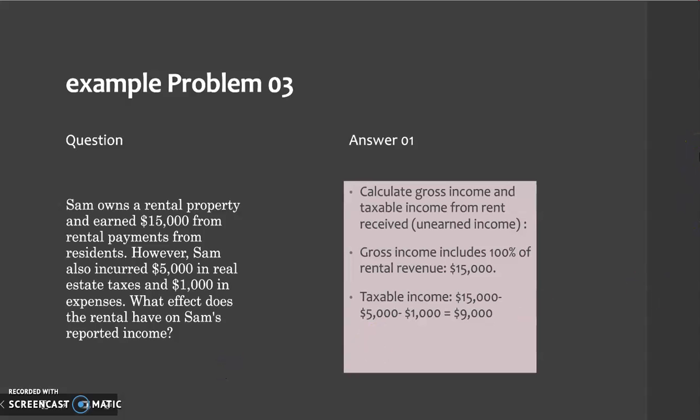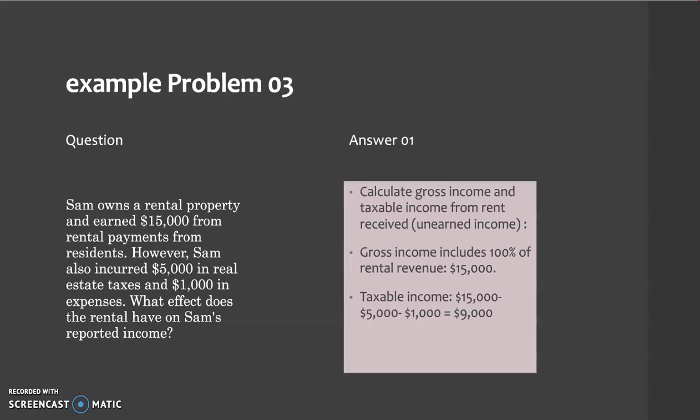So let's look at an example problem. Sam owns a rental property and earned $15,000 from rental payments from residents. However, he also incurred $5,000 in real estate taxes and $1,000 in expenses. What effect does the rental have on Sam's reported income?